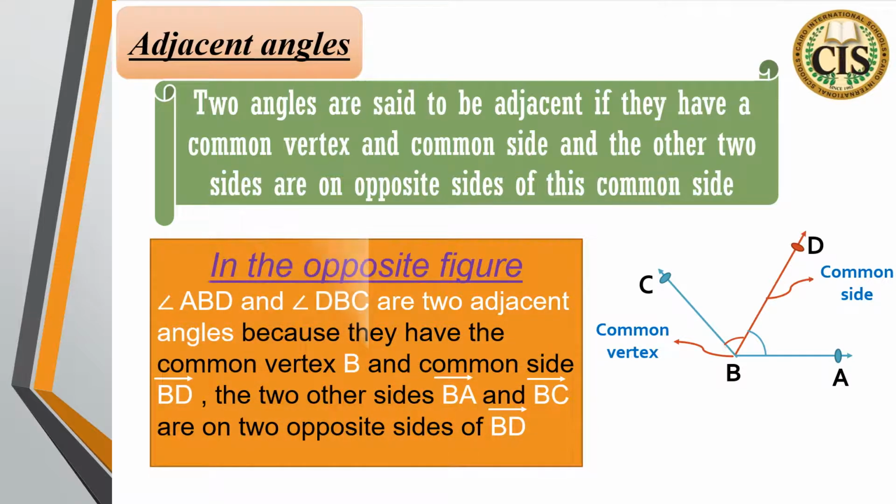In the opposite figure, angle ABD and angle DBC are two adjacent angles because they have the common vertex B and the common side BD. The two other sides BA and BC are on two opposite sides of BD.